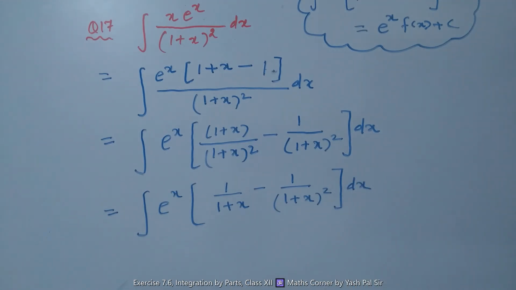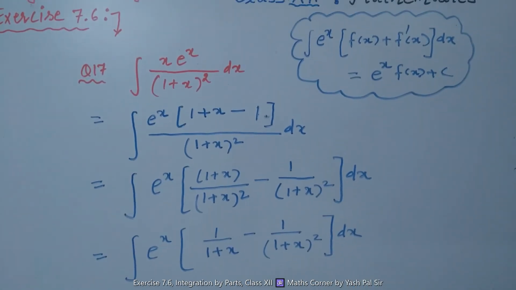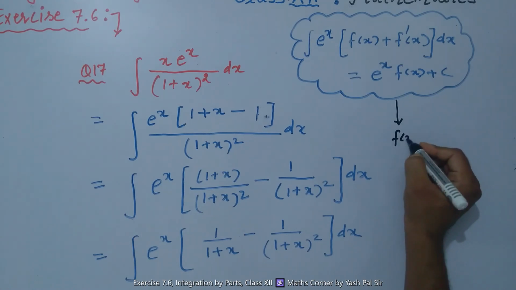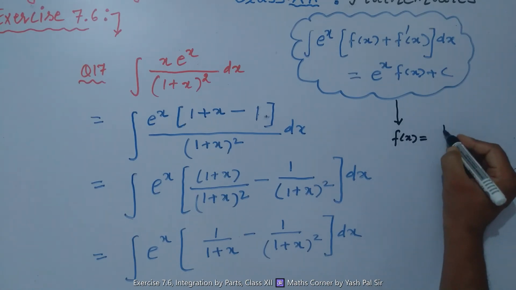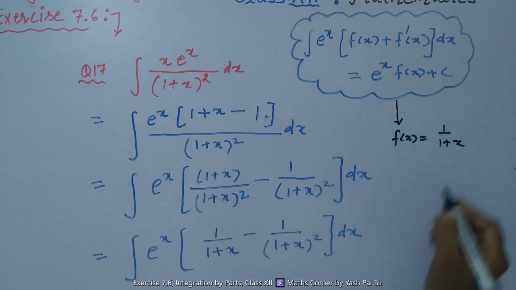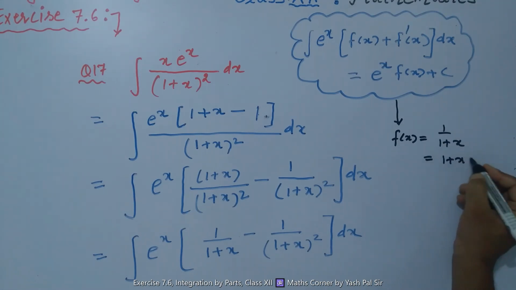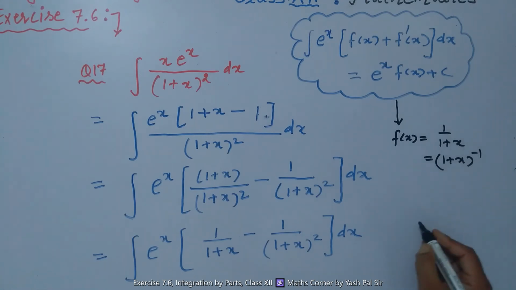Now we know that if f of x is equal to 1 upon 1 plus x, then this can be written as 1 plus x whole raised to power minus 1.